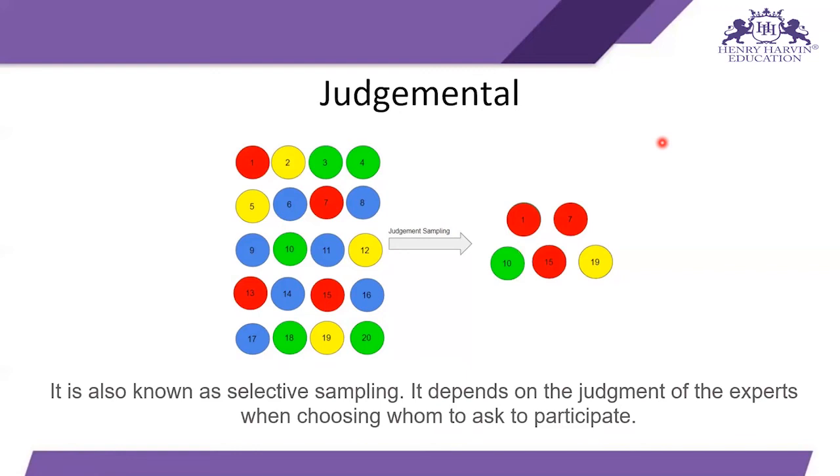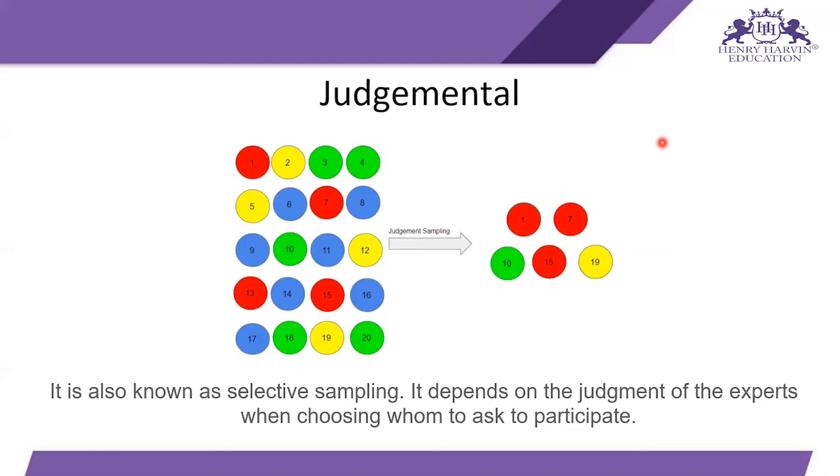According to that, the class teacher makes judgments on every student, and according to those judgments on the whole class, they select the top two students and make them class monitor. So this is judgmental sampling.